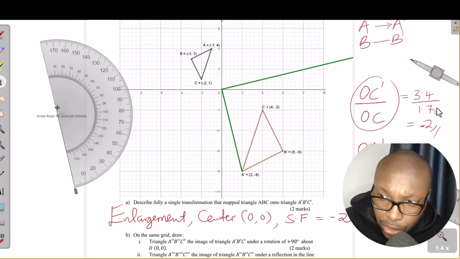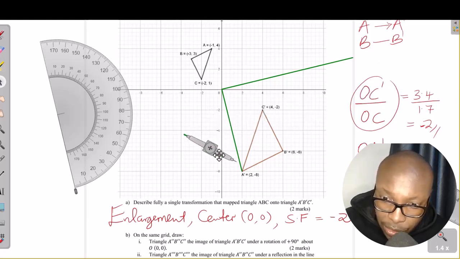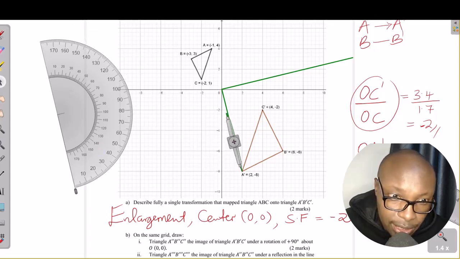Then from that, this is what you do. Now you need to take a pair of compasses and take this measurement. From A, you take that measurement, A to the center, that is to the origin, the center of rotation.